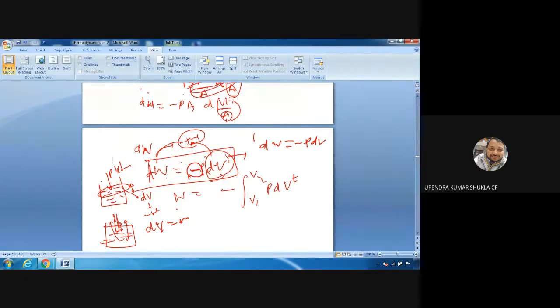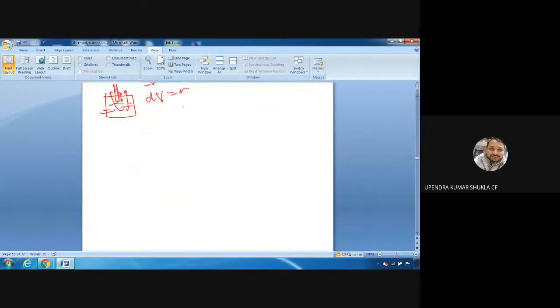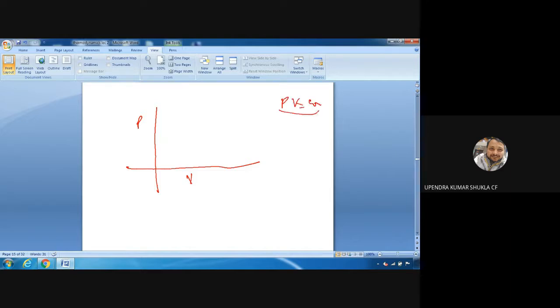Now to understand this graphically, let me tell you. Suppose the compression of the gas is happening. This is P and this is V. Gas के लिए है तो गैस के लिए आप जानते हो PV is equal to constant at constant temperature. So compare this with xy is equal to constant.